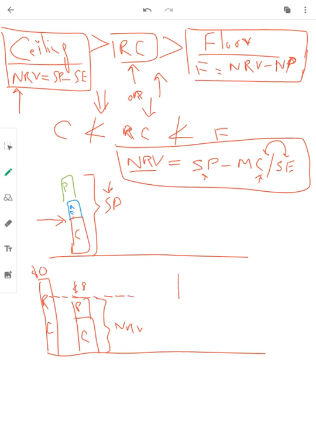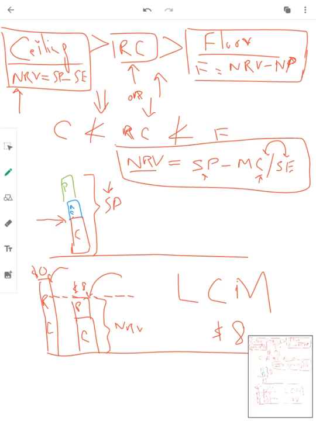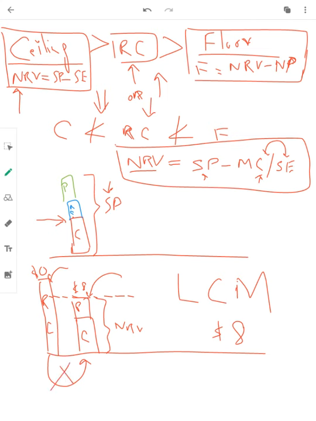And according to the LCM rule, lower of cost or market rule, this is the cost thing, and this is the market thing. Whichever is lower, $8 is lower here, so I'm going to use the $8. That's why I say that replacement cost cannot be greater than the realizable value.